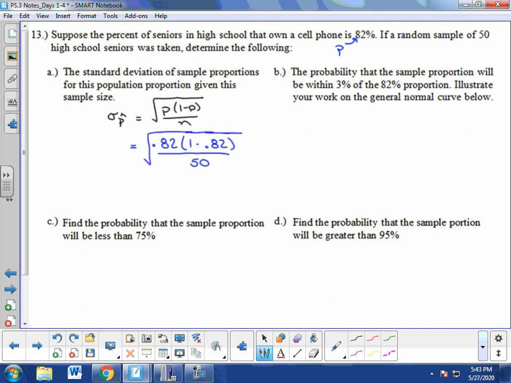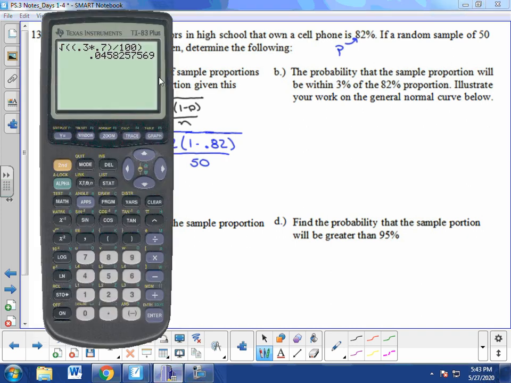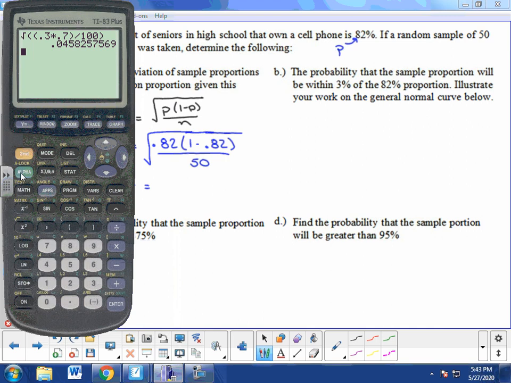So it's a high school, a large high school. We sampled 50 instead of all of them. So the standard deviation for our portion of the population that we took is going to be this quantity.